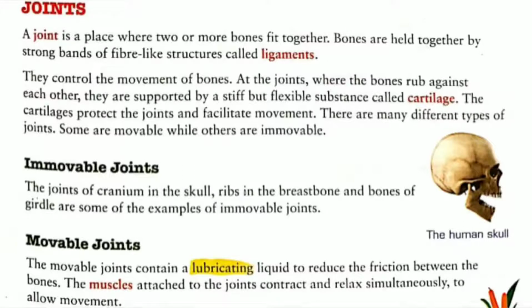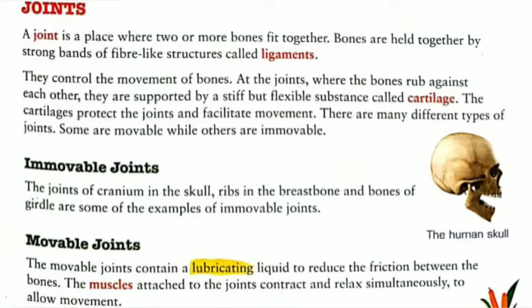At the joint where the bones rub against each other, they are supported by a stiff but flexible substance called cartilage. Actually, cartilage is a soft bone. The cartilages protect the joints and facilitate movement.